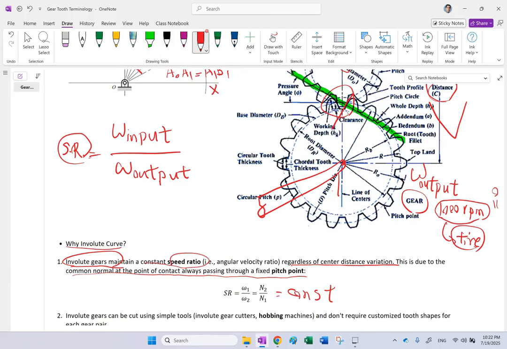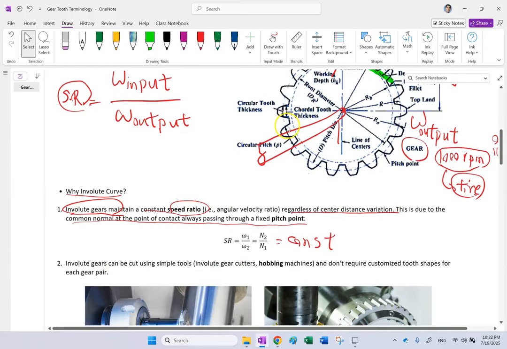So if this is the common tangent, this red line, then this is the common normal. This is the line along which the force is exchanged. And this always passes through a common pitch point, which in this case is this one here. It always guarantees that your common normal is passing through that fixed pitch point.